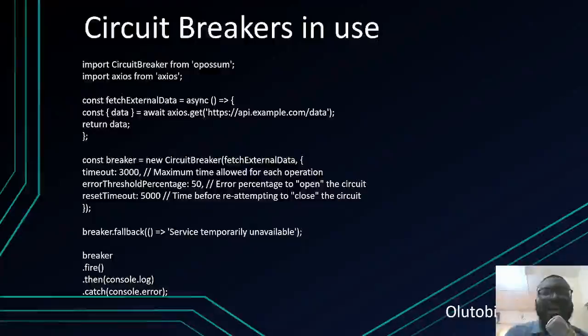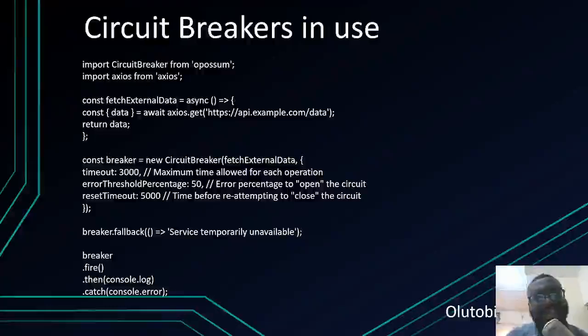Now, we define our function to fetch the external data. It's an asynchronous function, and we make our Axios request in that function. To use a circuit breaker, you wrap the function that is making the call to the downstream service in the circuit breaker. So you say, okay, const breaker is a new circuit breaker. You pass it the function and you pass it a configuration object.